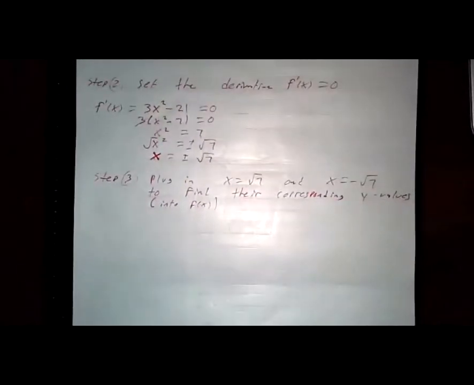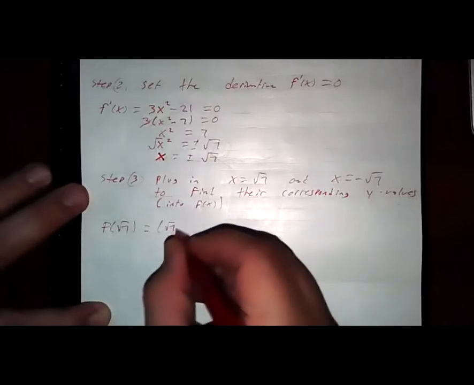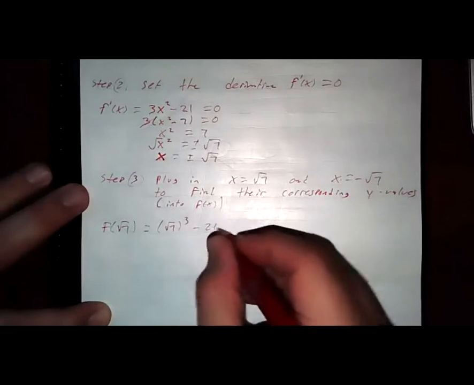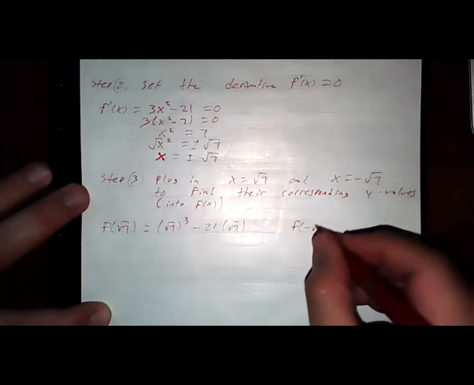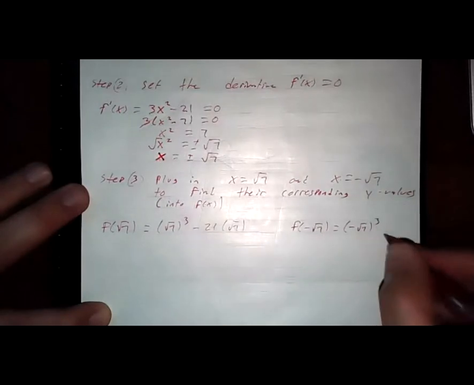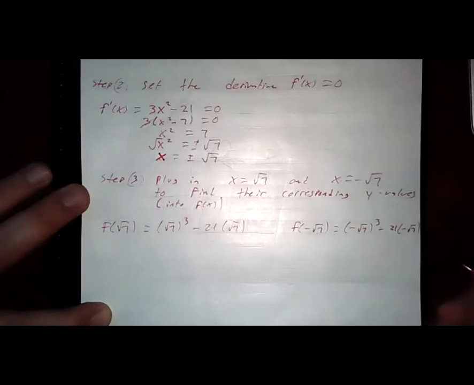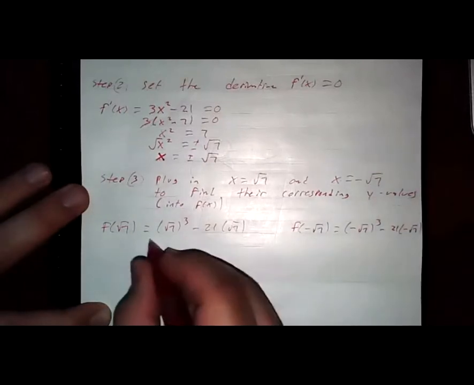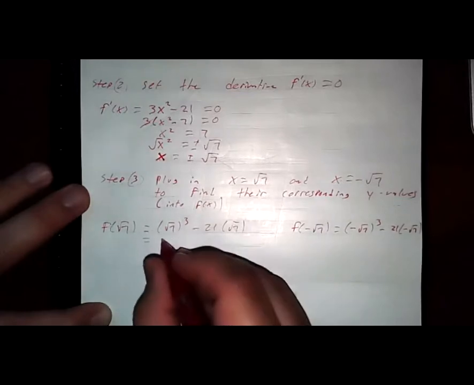Not the derivative. So you do f of square root 7, which would be square root 7 cubed minus 21 times square root 7. Then you do it again for negative square root 7, which will give us negative square root 7 cubed minus 21 square root 7. So square root 7 times itself 3 times will be what?